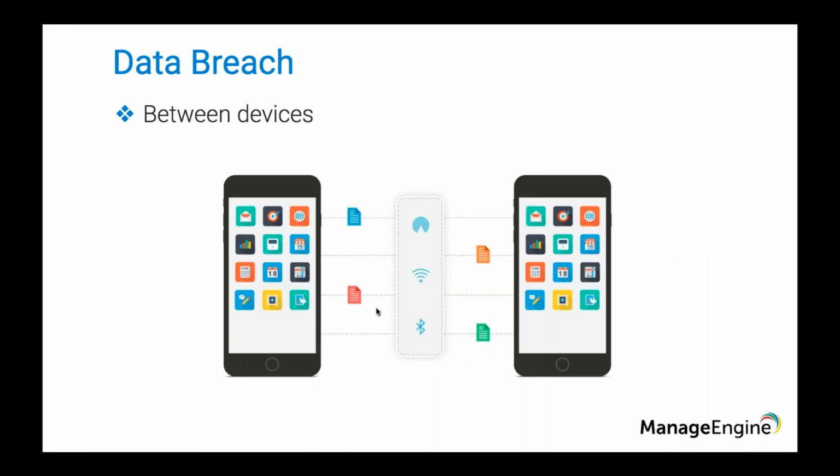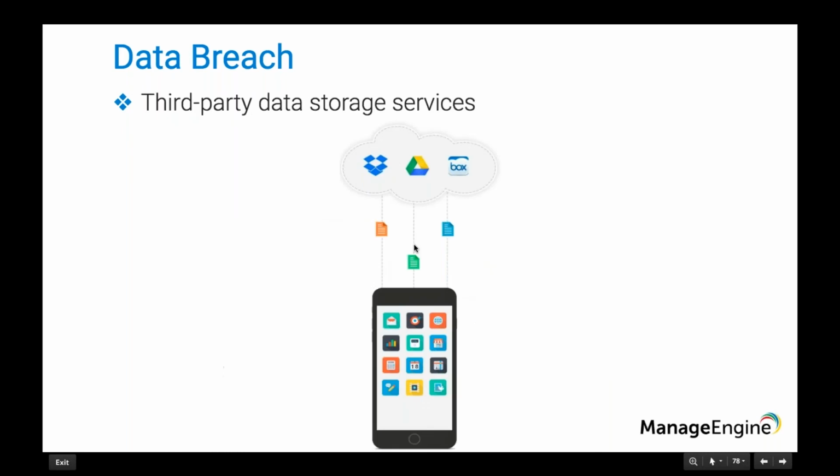Data breaches that occur between devices, whereby they leverage the native features present on the device, such as Bluetooth, Wi-Fi, or AirDrop. The second category is when this data gets saved to third-party cloud storage services and then it gets leaked from the cloud services. We had a recent leak of iCloud, so you must all be familiar with that.